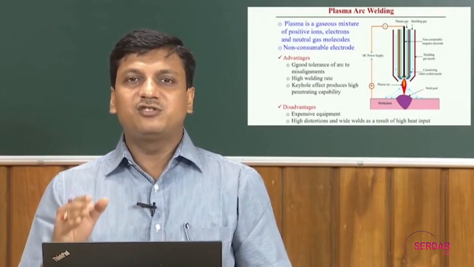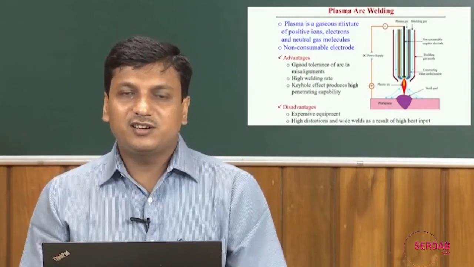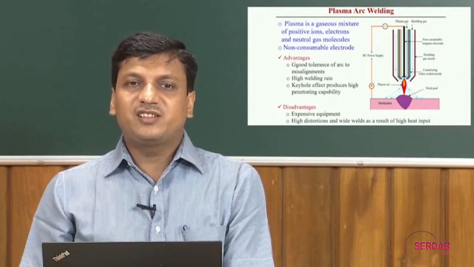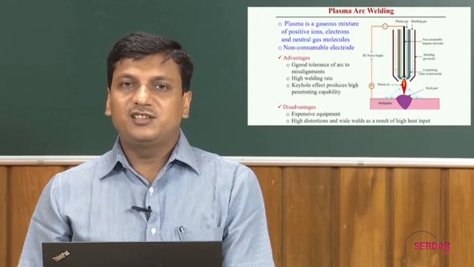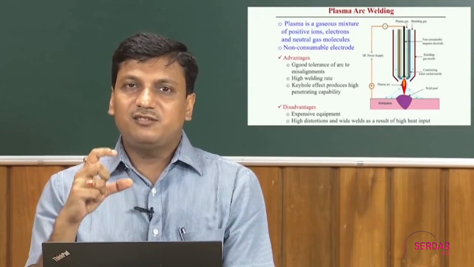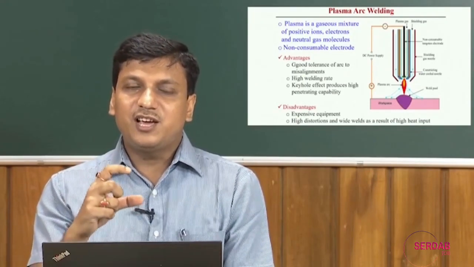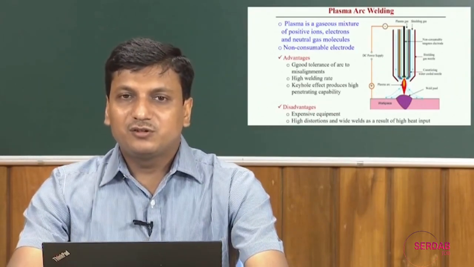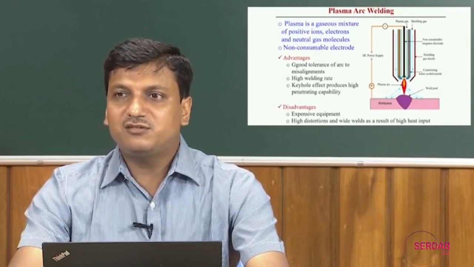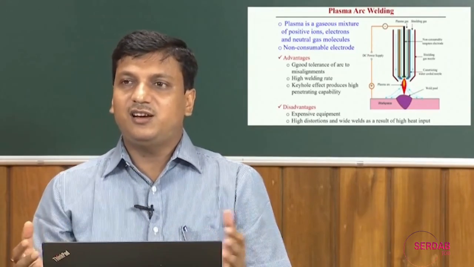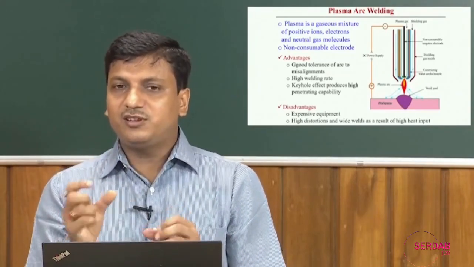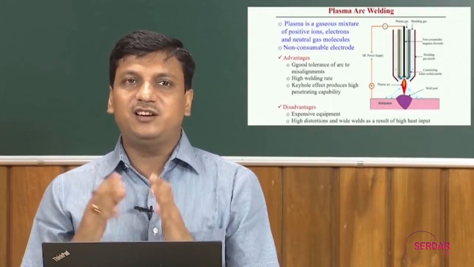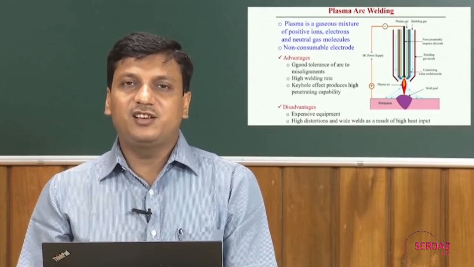That means they use the non-consumable electrode, which creates the electrical circuit, but here we can use another extra shielding gas, that is called the plasma gas, which basically creates the arc and maintains the arc, and that actually helps to melt the workpiece material. So, with respect to the gas tungsten arc welding process and all its general components, here there is the addition of the extra plasma shielding gas.